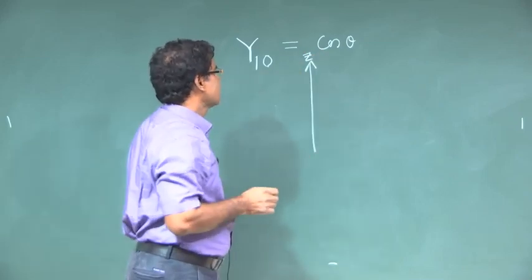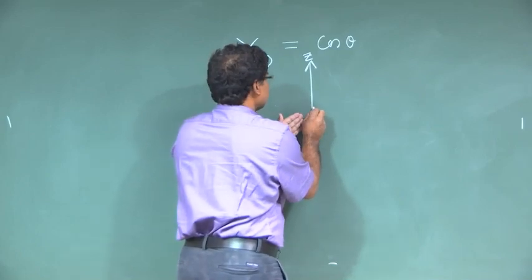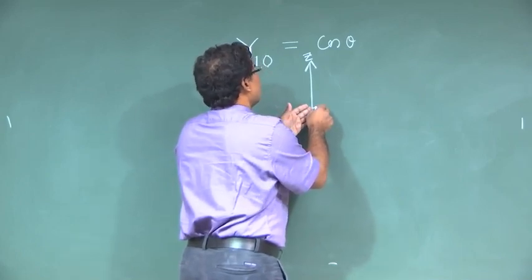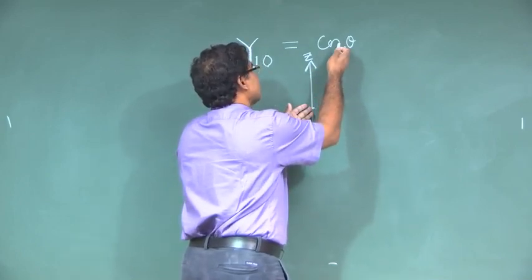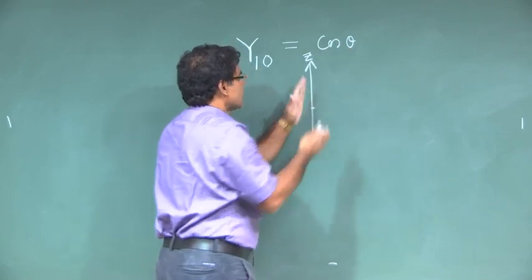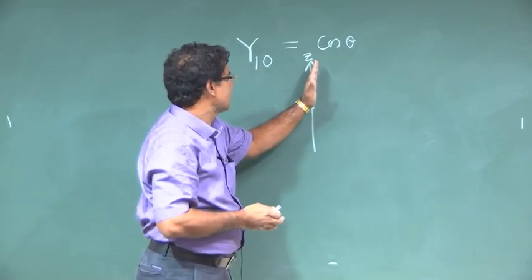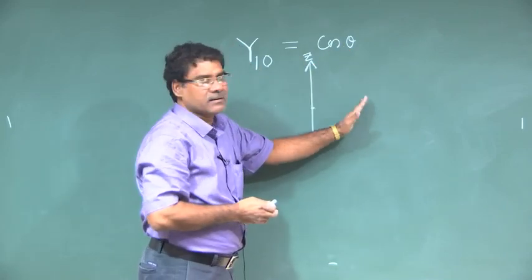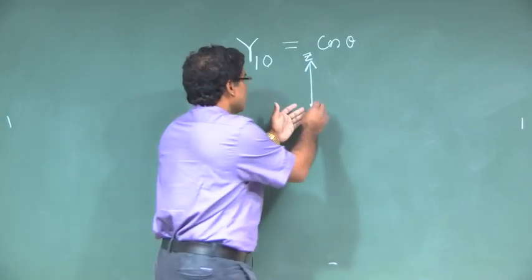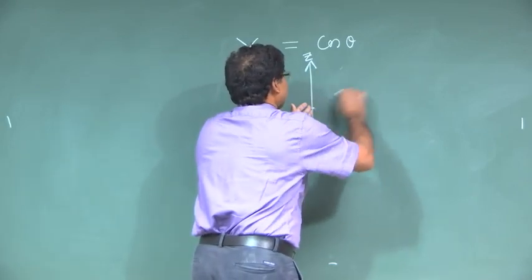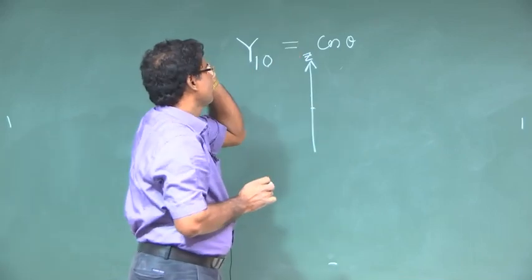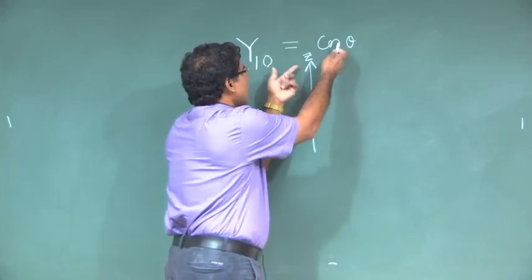Our theta basically changes from this z axis, so it will make a defined angle.